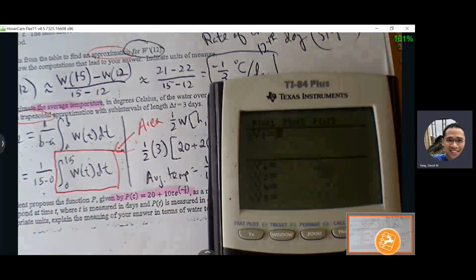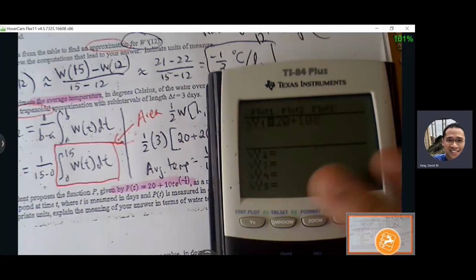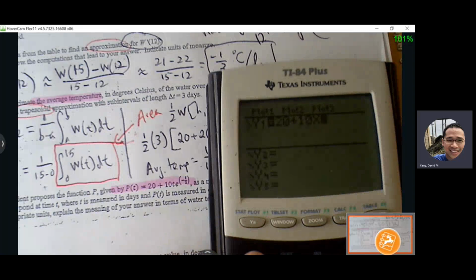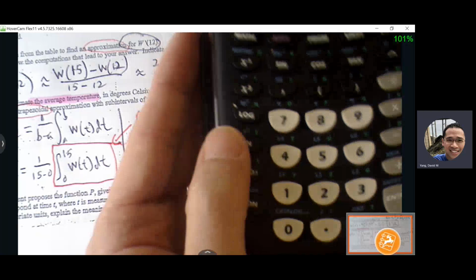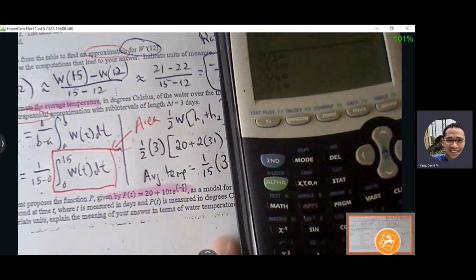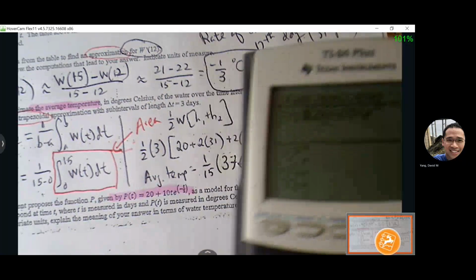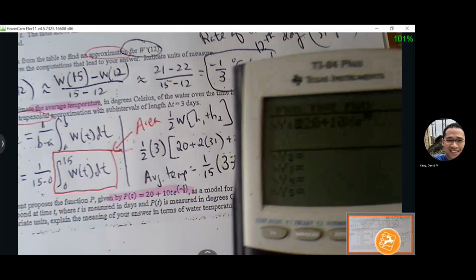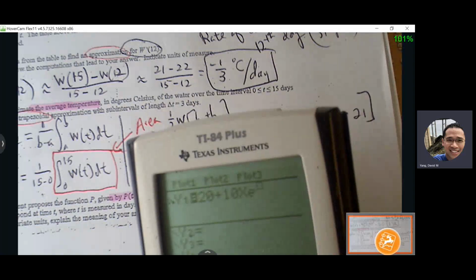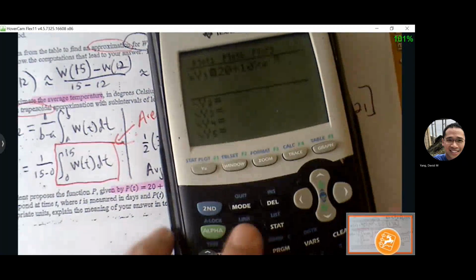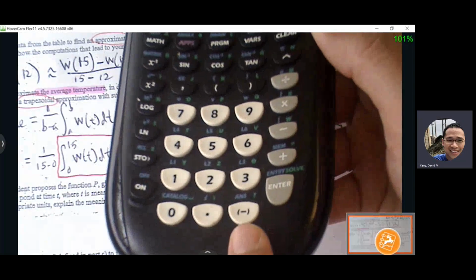So 20 plus 10x, then e is under natural log, ln. Do you see that? The second ln will take you to that exponential. Then e raised to the negative x over 3. If you're using a negative, make sure you're using it correctly, and put that negative inside the parentheses.